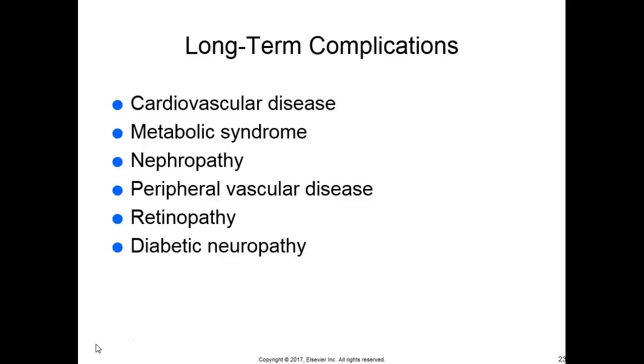Nephropathy often occurs because of changes in the renal blood circulation. Factors that influence whether a person with diabetes will develop kidney disease include genetics, blood glucose levels, and blood pressure.